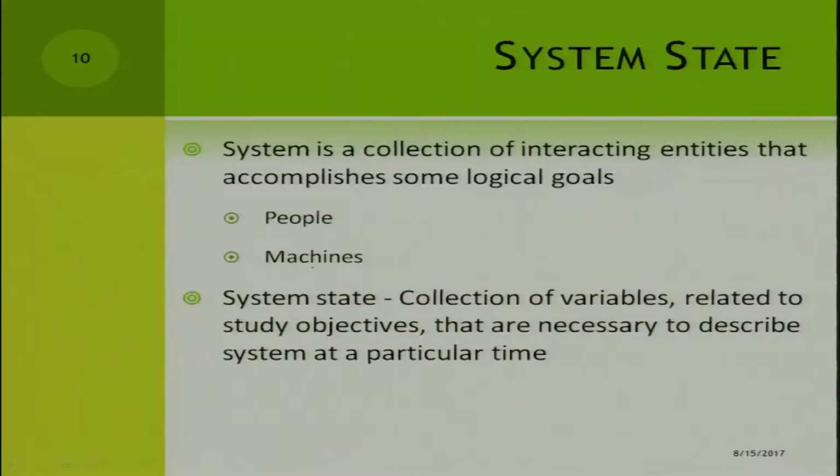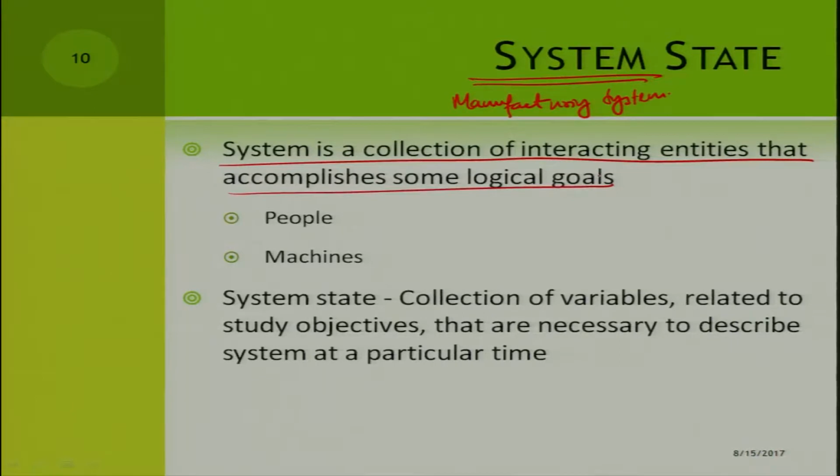So with that, we will get into the next big concept of simulation, which we call the system state. And as I said earlier, for us the system is a manufacturing system. So for us, this manufacturing system is a collection of interacting entities that accomplish some logical goals.